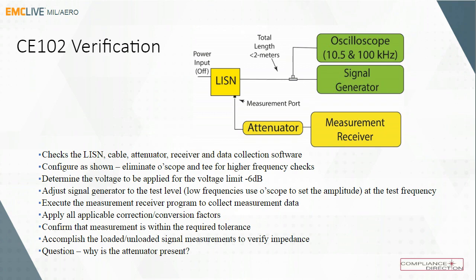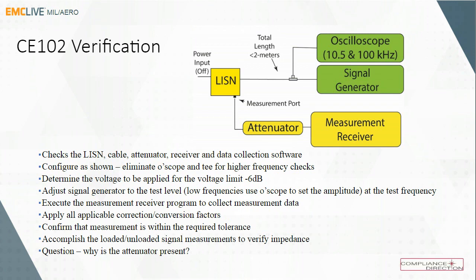This comes about because the periodic calibration is not there to show that the LISN impedance is in fact correct. Instead of showing 5 ohms at 10.5 kilohertz, if something is wrong with it, it may be showing 12 ohms. So the impedance would be off because of a value change within the LISN.